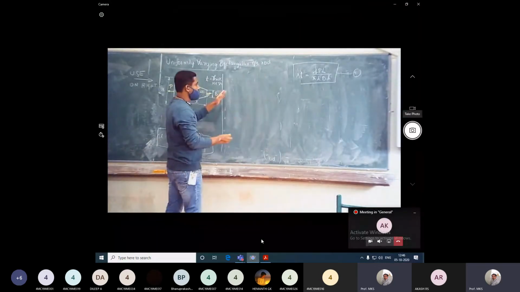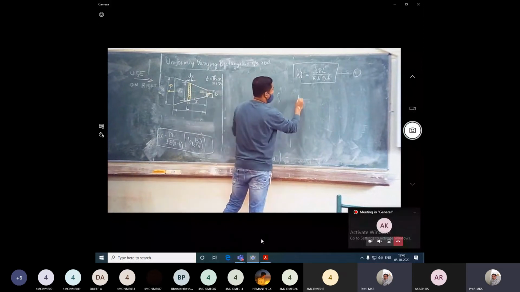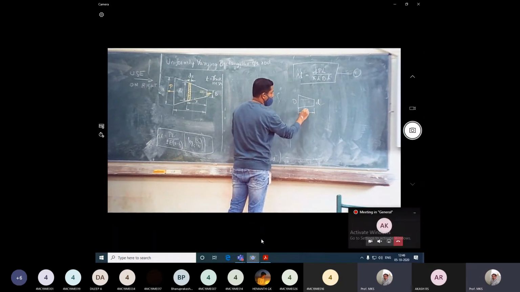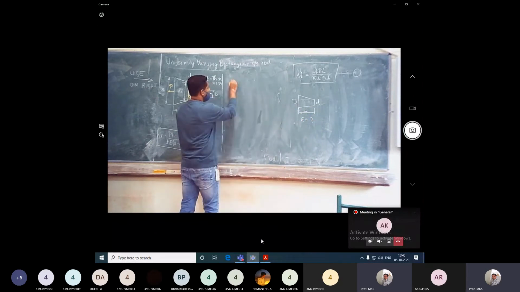So same thing. It is a tapered cross section rod. What is given: capital D is given, small d is given. Length is given, modulus also given, E. So what is capital D? 40 mm.